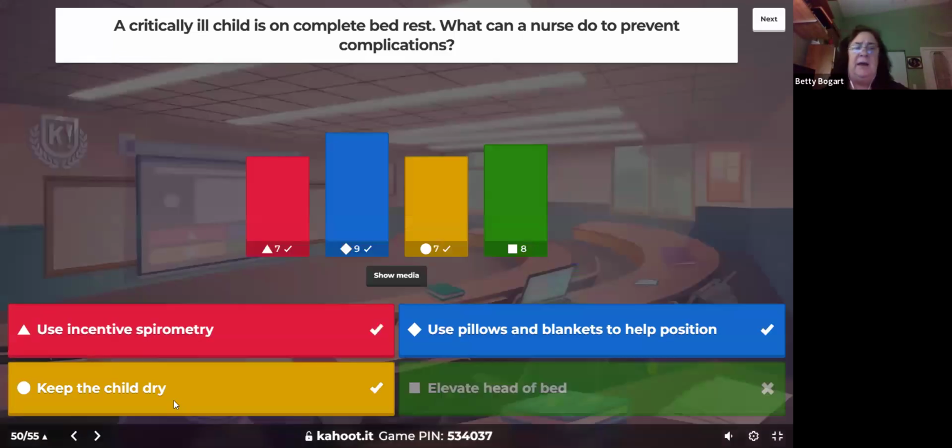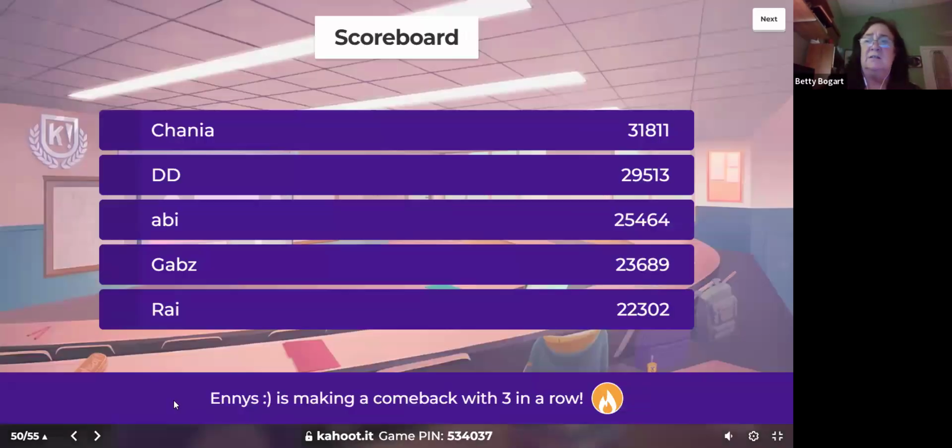Anybody who's sick, you've got to keep their lungs moving, keep them dry, and help them turn in position. With children, I've used pillows, blankets, toys, beanie babies, all sorts of things to keep them over, and all of them work. Now, elevating the head of the bed depends on the condition of the child. Some children can't have that bed elevated, and that's why that's not checked.